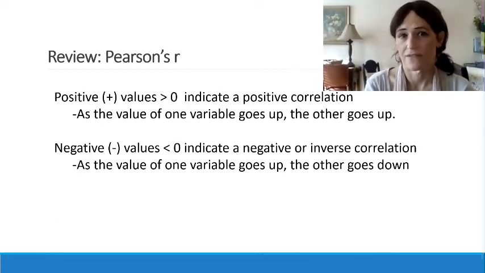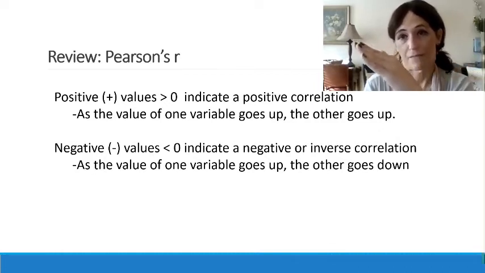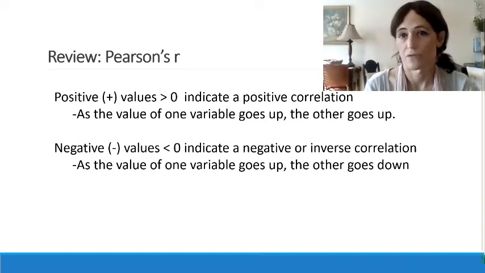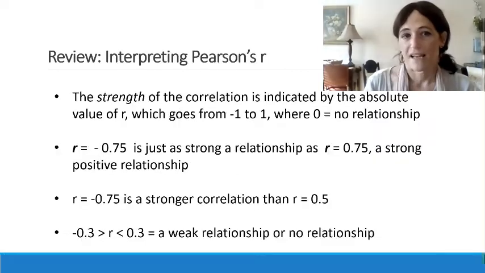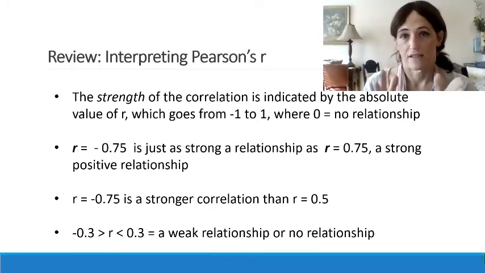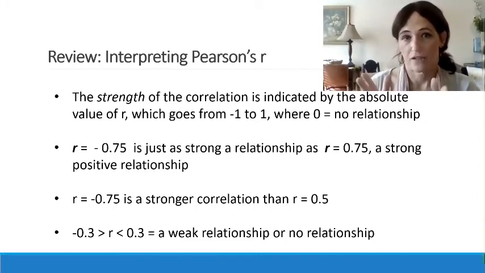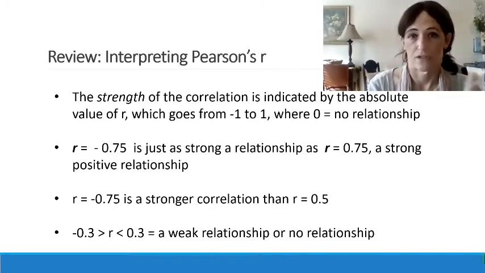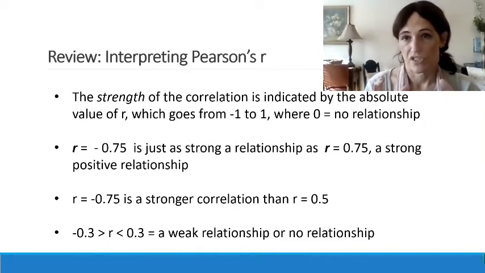So a positive value for R represents a positive correlation. As the value of one variable goes up, the other goes up. A negative value would be where as one goes up, the other goes down, which will be easier to visualize once we see some scatter plots. But again, to review, the strength is indicated by the absolute value of R, which goes from -1 to +1, where 0 represents no relationship.